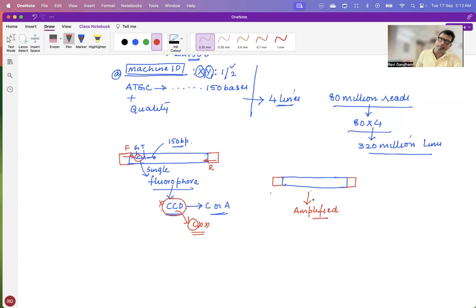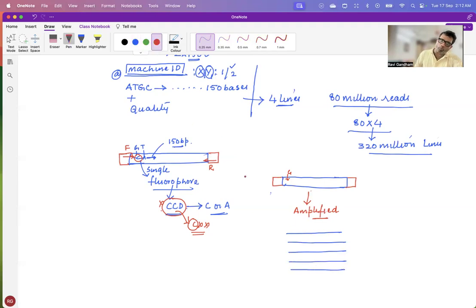And when this is amplified, what happens? This particular fragment having G here will be there in many fragments now. So we'll draw this fragment after amplification as a single line. So you'll have so many fragments. Each fragment, though I'm drawing a single line, is a double-stranded molecule.